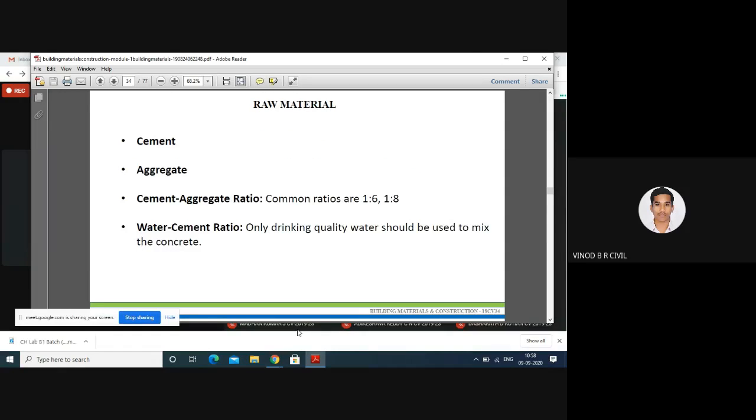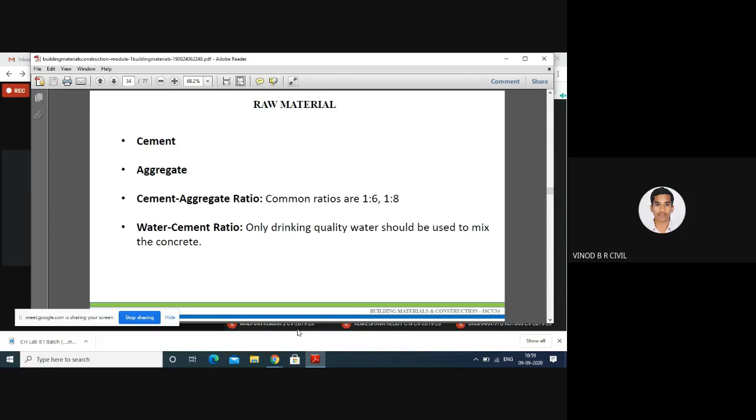What raw materials are required? First one is cement, one of the important raw materials required for manufacturing solid blocks. And aggregate: here we are using both coarse aggregate and fine aggregate.